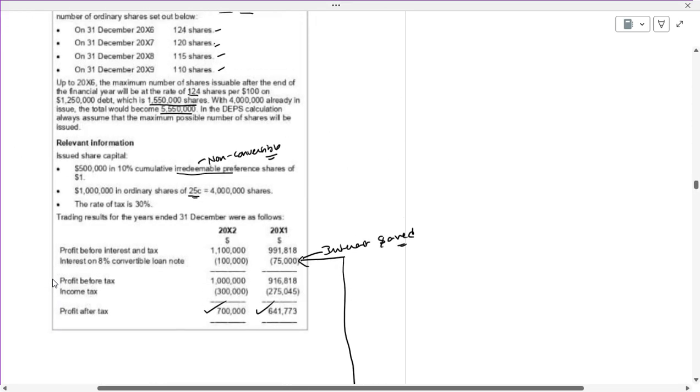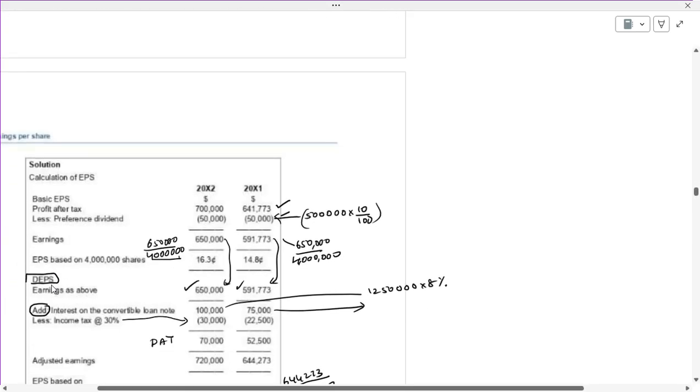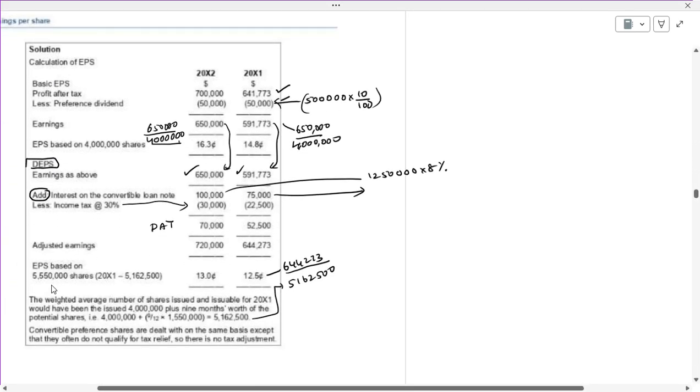It is 1 million shares. 5.555. 720 divided by 555,000. Check margin. Yes, okay.